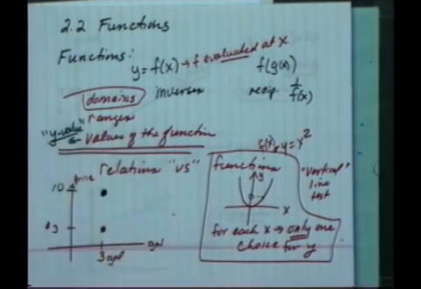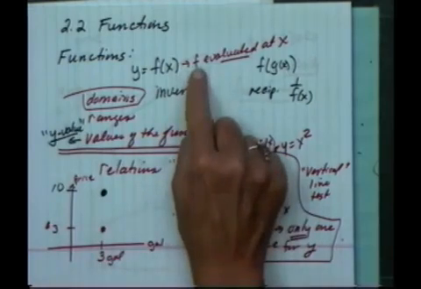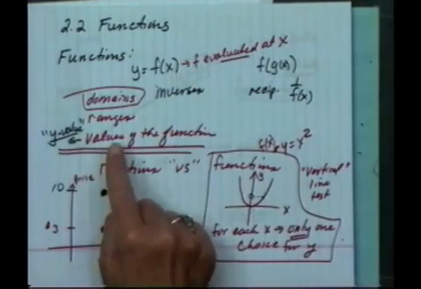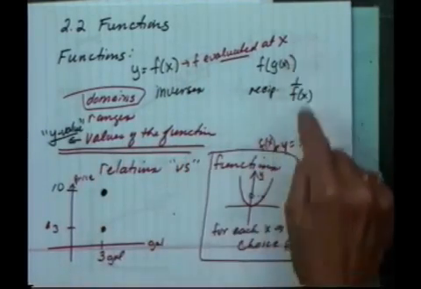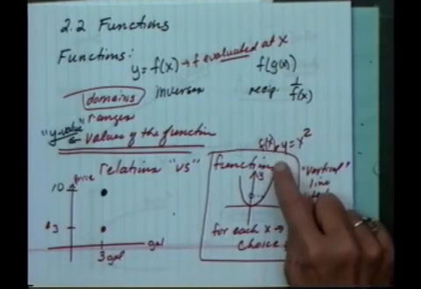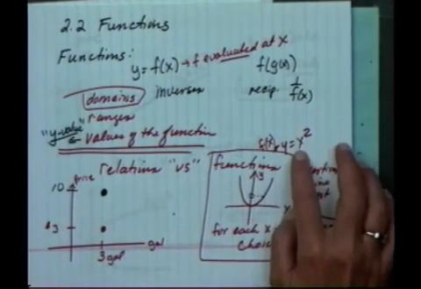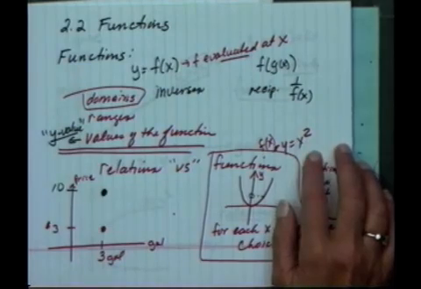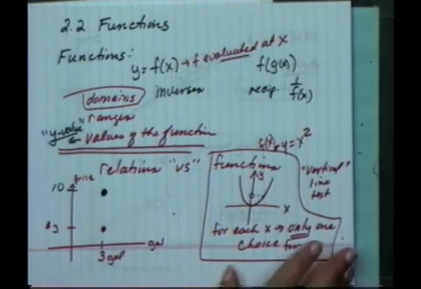Remember, f of x is f evaluated at x. So when you're talking about the value of the function, you're going to plug in the x value and get the y value. So what's the value of this function at -7? Checking your multiplication without a calculator. Positive 49, -7 squared. Okay, are we good?